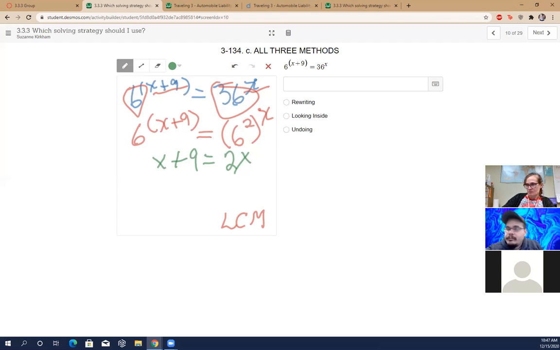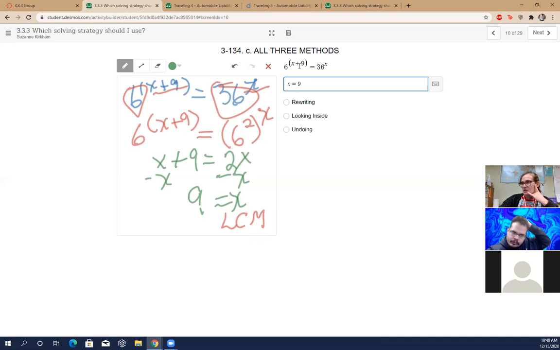Subtract the x or subtract the 2x. Yeah, either or. Subtracting the x will be more useful though. So we'll subtract x from both sides. X take away x is 0, 2x take away x is x. And then we're left with x equals 9. So that's our answer, x equals 9.